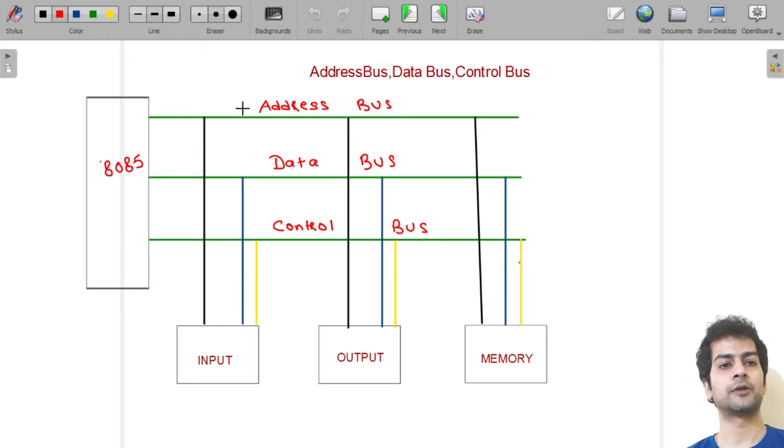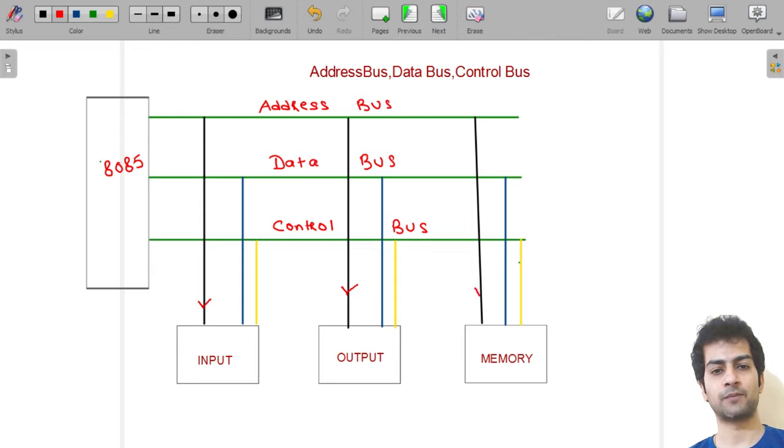Okay. Now come to this diagram. As I am saying that address bus is unidirectional, what will be the direction of the arrow for address bus? It will be here. That is, the microprocessor is originating an address for the input device. Similarly, the address of the output device is originated from the 8085 microprocessor.